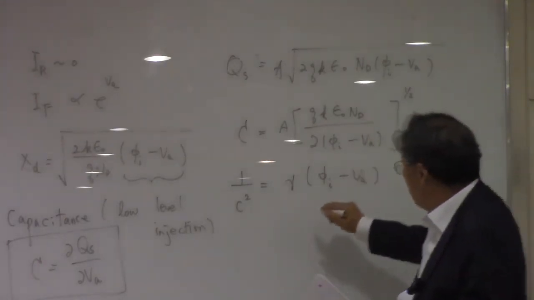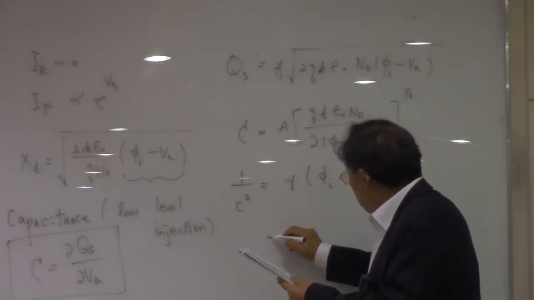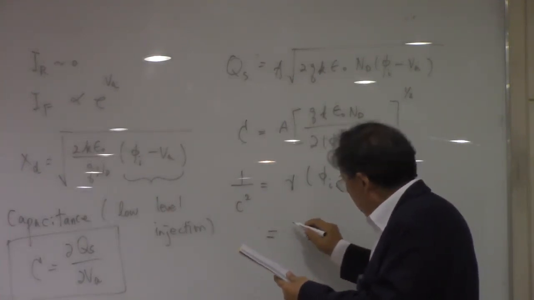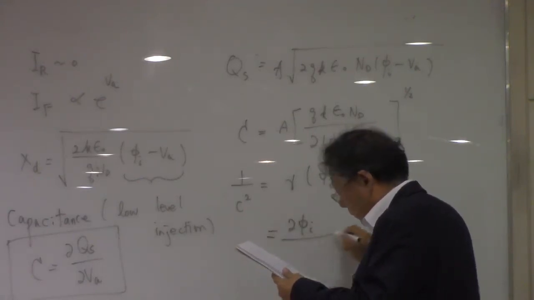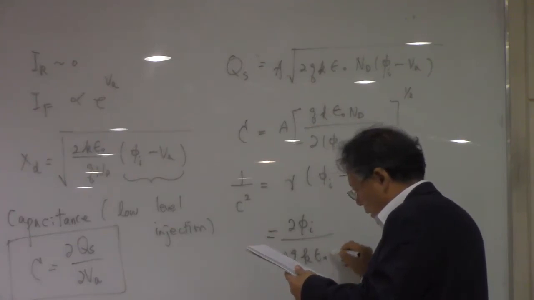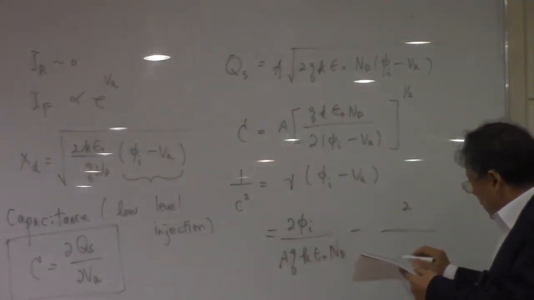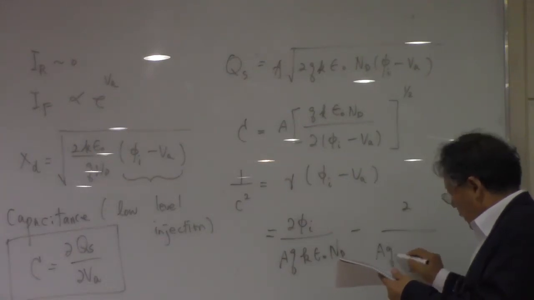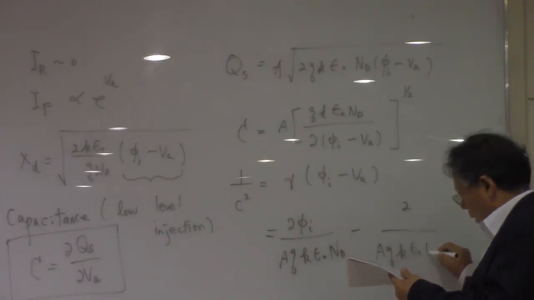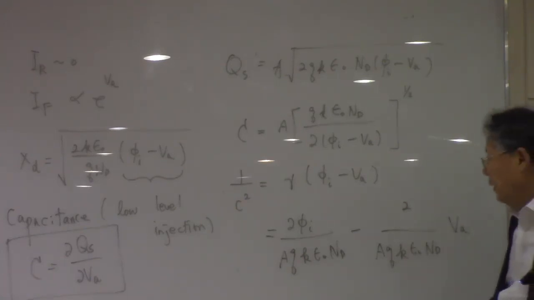You can see what the gamma is going to look like. And then you can arrange this: 1 over C squared equals 2 phi I over q K epsilon naught ND minus 2 over q K epsilon naught ND times VA. Okay?